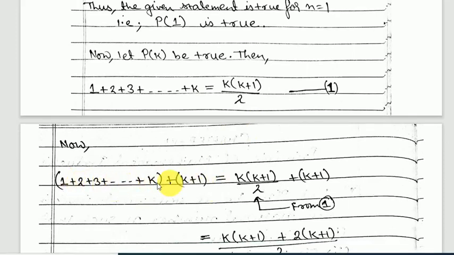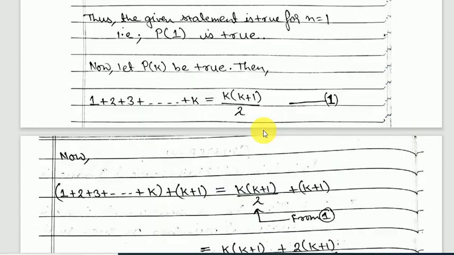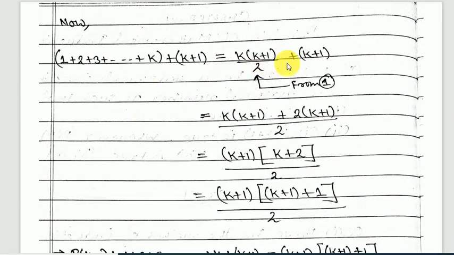If it is till n, then the output is n into n plus 1 upon 2. But now we have taken k plus 1, so here we will try to show k plus 1, then open bracket, k plus 1 upon 2.